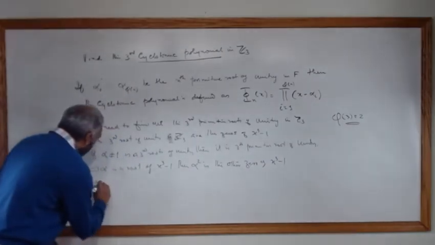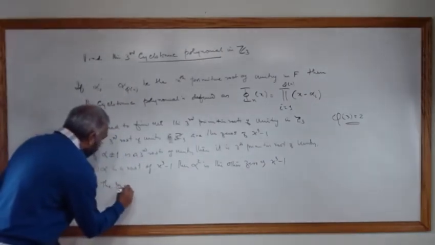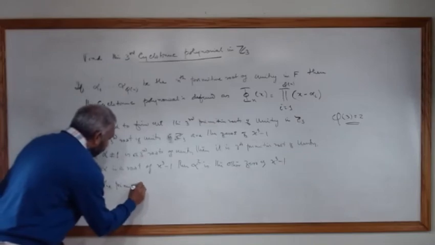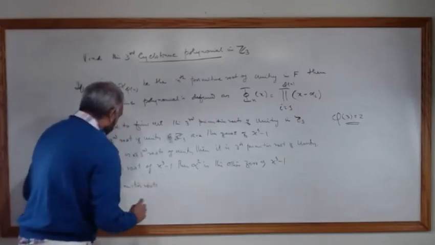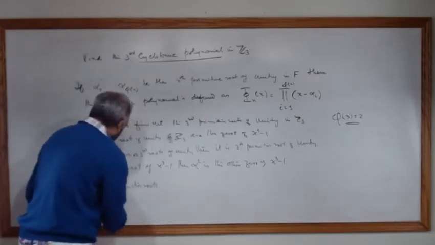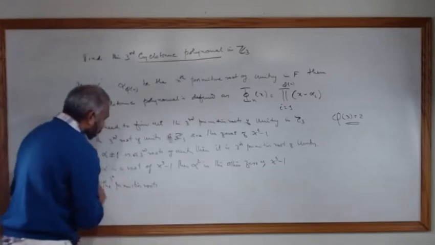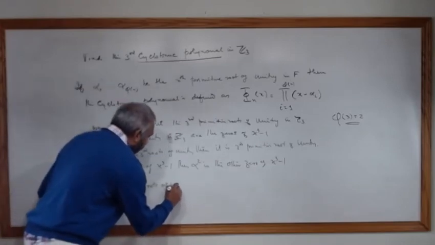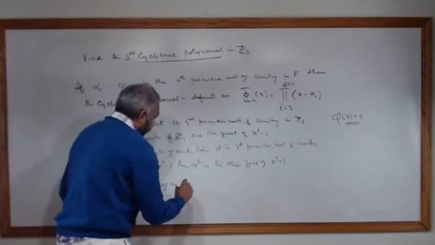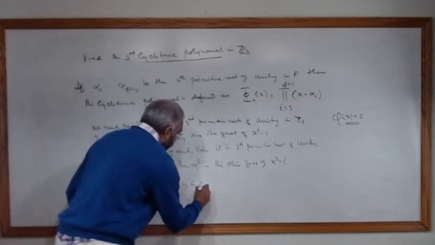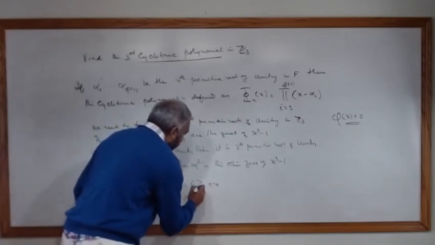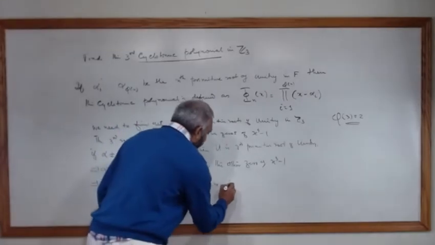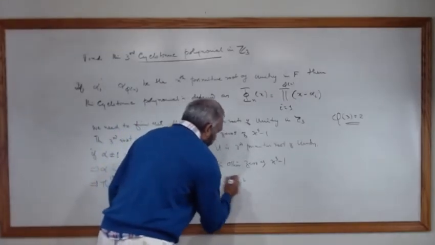So the third primitive roots of unity in Z3 are alpha and alpha square.